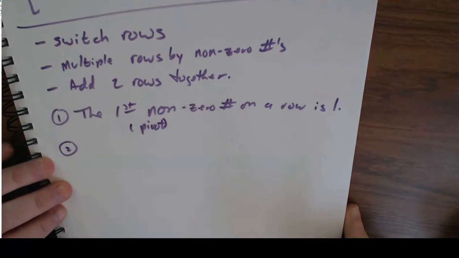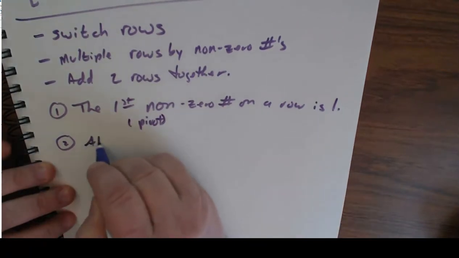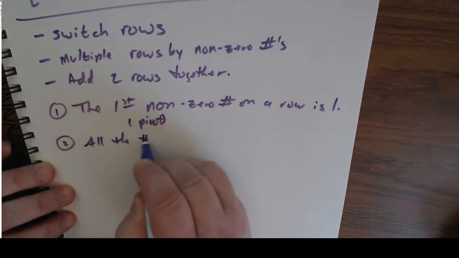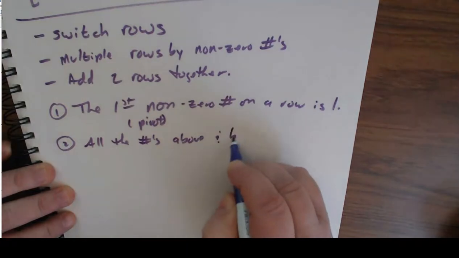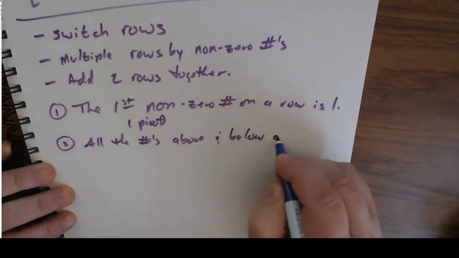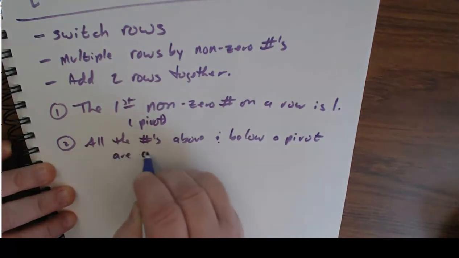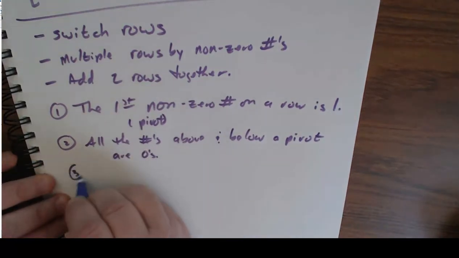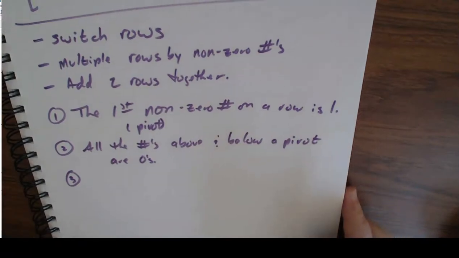Second, all the numbers above and below a pivot are 0. The pivots are in echelon form.